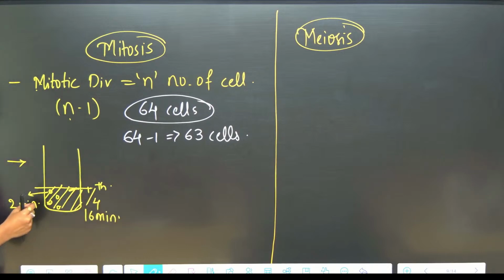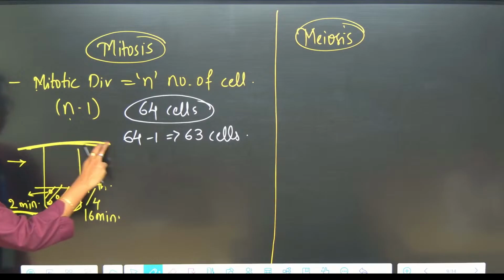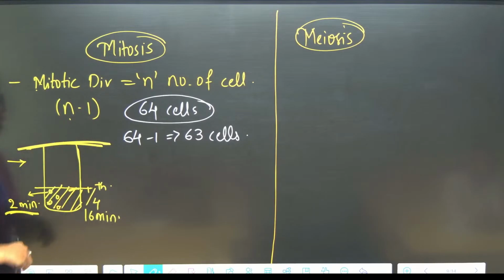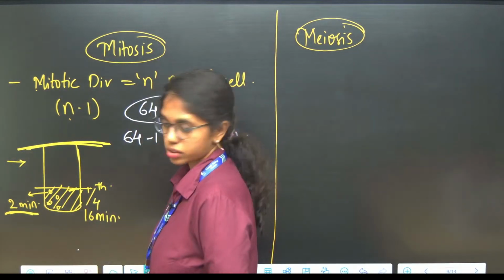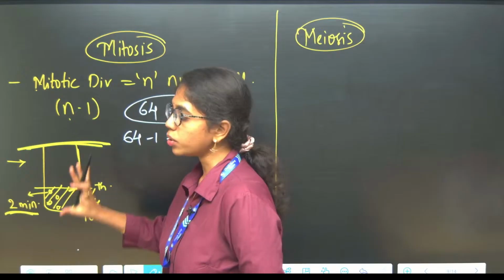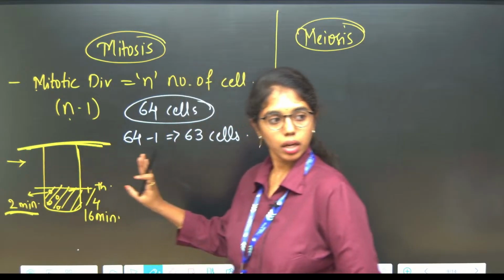Each bacteria is again taking 2 minutes for division. To fill the complete test tube, how much more time will the bacteria take? 4 more minutes. Very good. So, in total it is in 20 minutes it will completely fill the test tube.